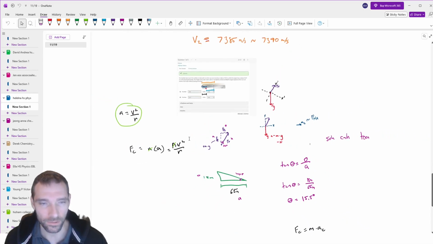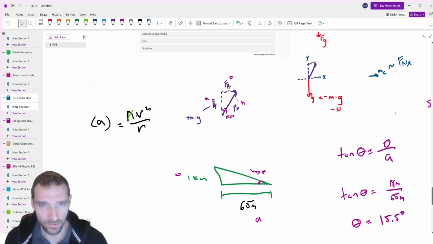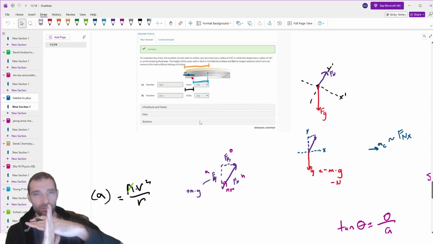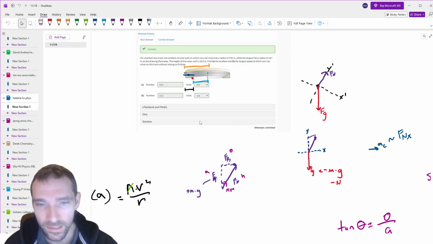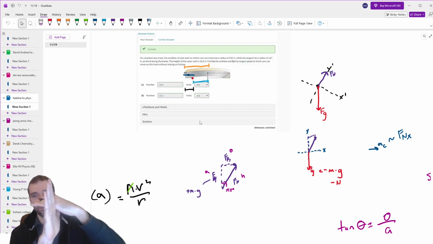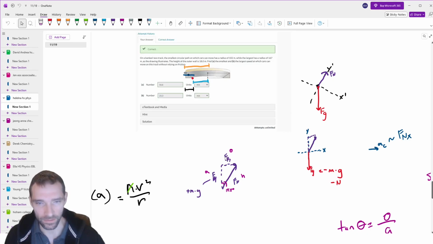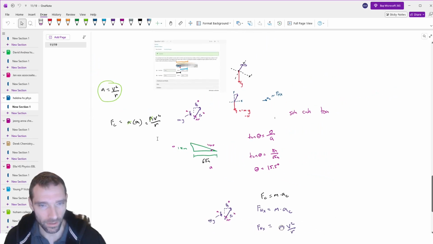So you want to have this acceleration going directly sideways, and this orientation will actually do that for you. But you're going to need to break that force normal down into its components using the trig function. So the fact that this thing is sloped at like 15 degrees is useful, but we need to get that amount that force has been sloped to figure out how much force normal is going in the x direction. So to get that slope, you're going to have to take the information that was provided in the problem and figure out the slope.